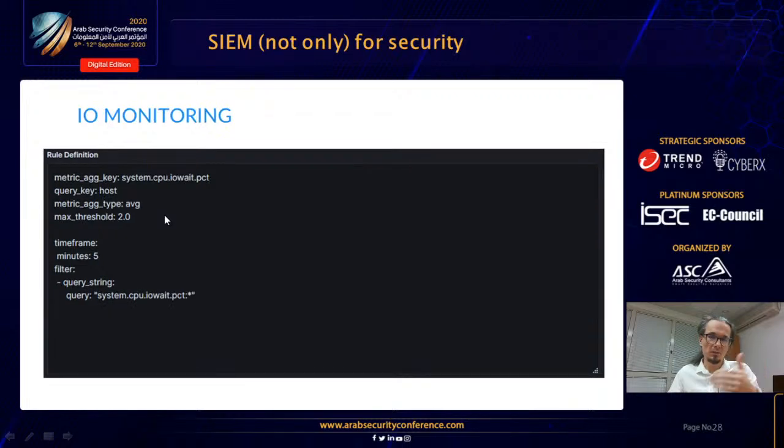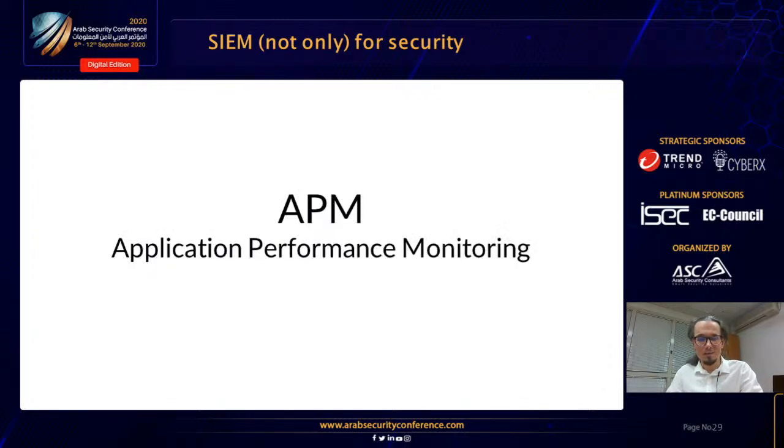So if the paging is above 400, then alert is triggered. And here we are monitoring the inputs and outputs of the disk over 5 minutes. The average value of CPU I/O wait, and the threshold here is 20%.